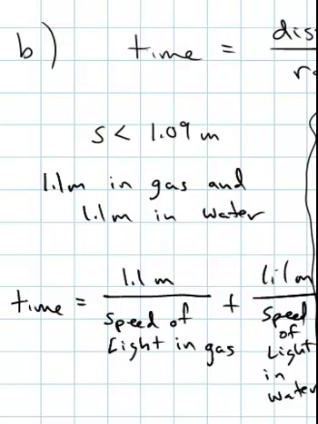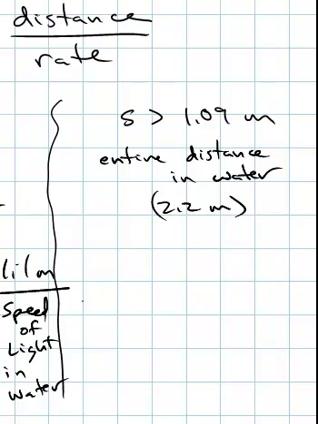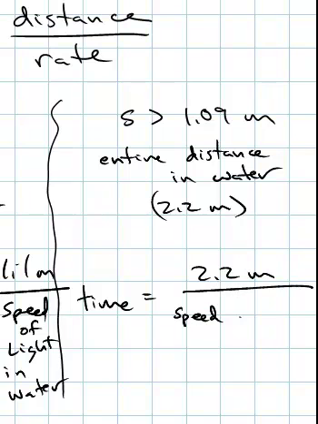And when S is greater than 1.09 meters, then the entire distance is in water. And that distance is 2.2 meters. So the time is going to equal 2.2 meters over the speed of light in water.